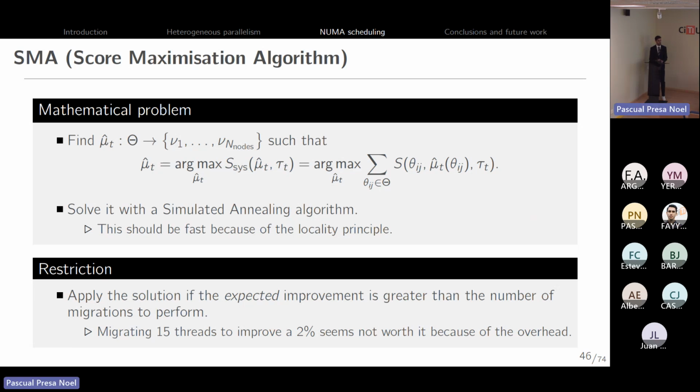Here we have a restriction to apply our solution, and we only apply it if the expected improvement is greater than the number of threads we have to migrate. For example, migrating 15 threads to improve just 2%, well, to expect to improve 2% seems not worth it because of the overhead of migrating those threads.